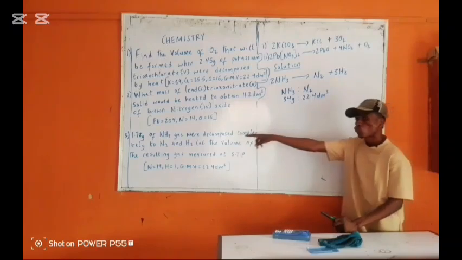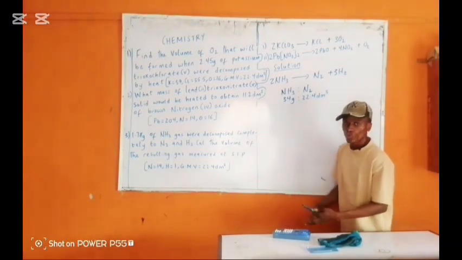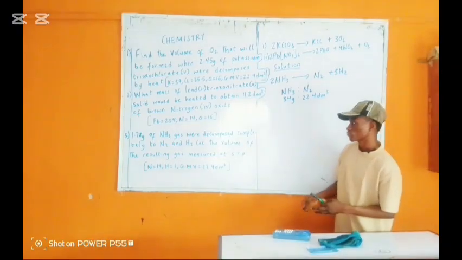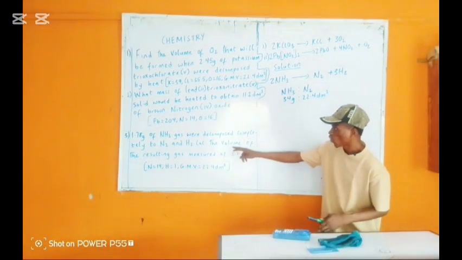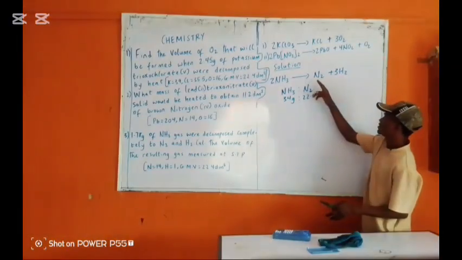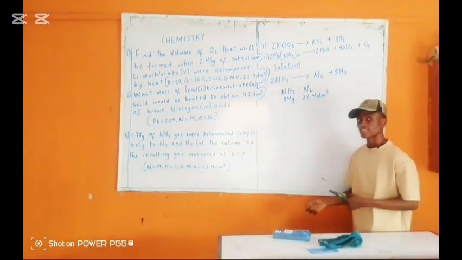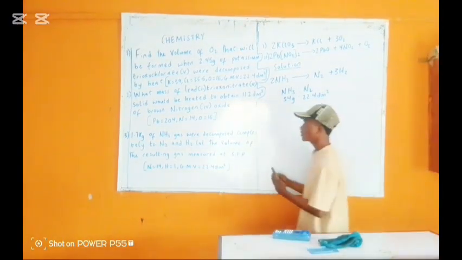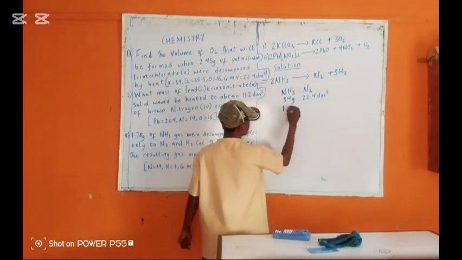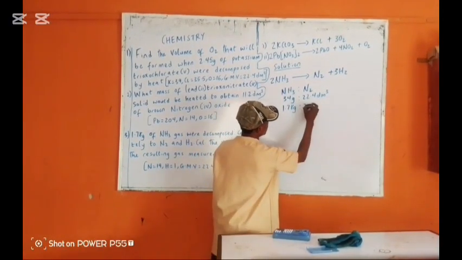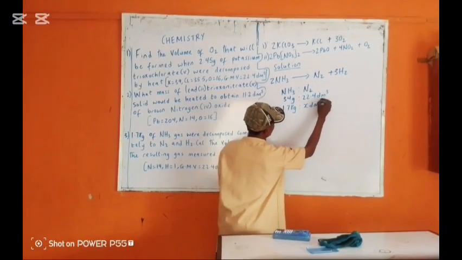So from the question, if we make use of 1.78 gram of ammonia gas, what volume of nitrogen gas will be evolved at STP? We have 1.78 gram and X dm cube of nitrogen gas.